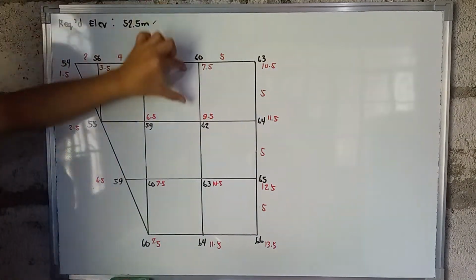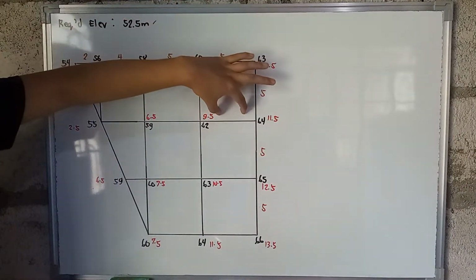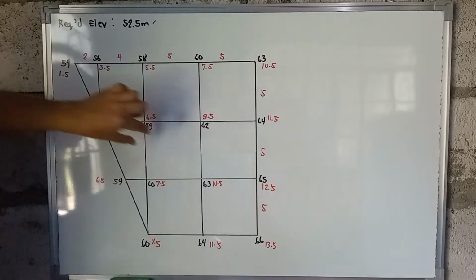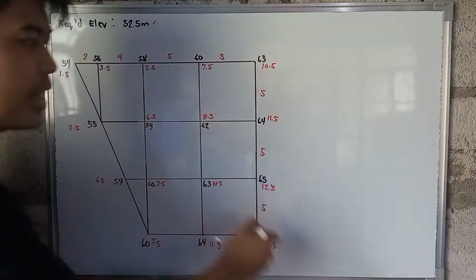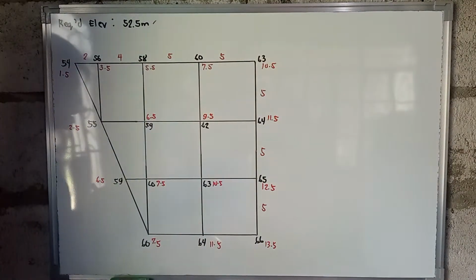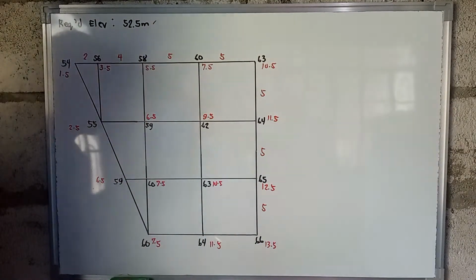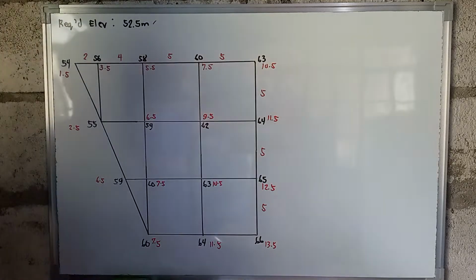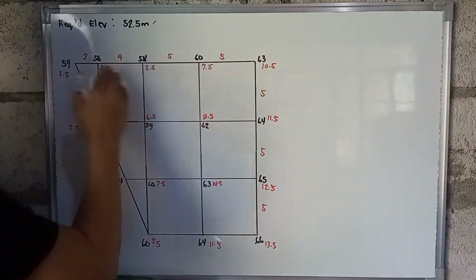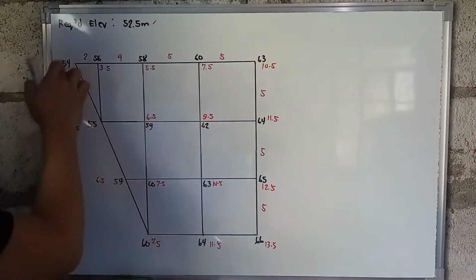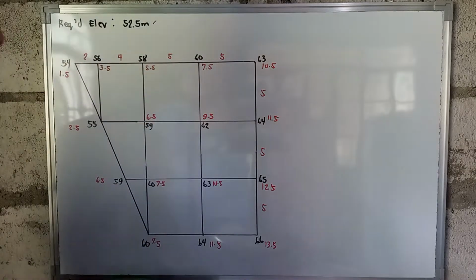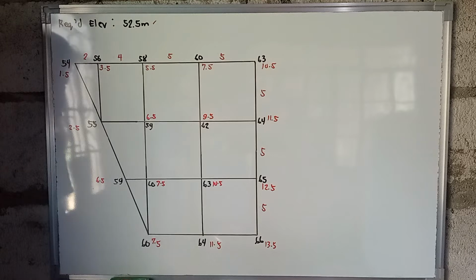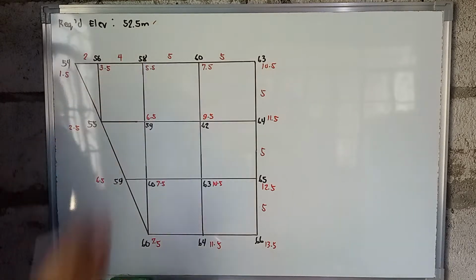Etong 5 by 5, 5 by 5, 5 by 5, 5 by 5. So, at this lot, magagamit natin yung shortcut method natin dealing with barrow pit method. So, kung mapapansin ninyo, etong triangular part of our lot, hindi sila pare-parehas ng mga sides.